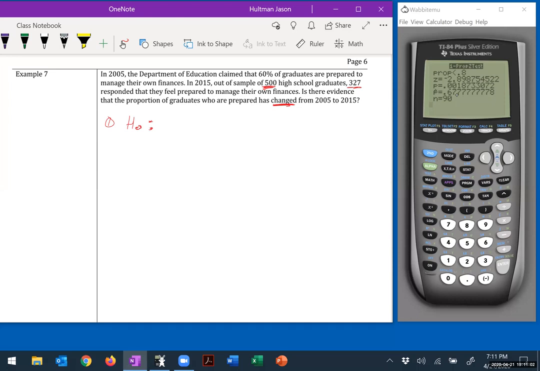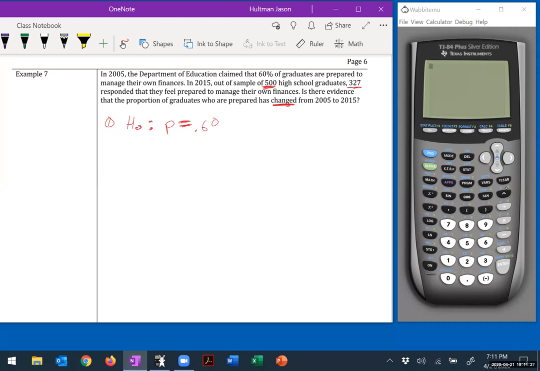So our parameter is P because it's a proportion. And what is it claiming? It's claiming that in 2005, the proportion was 60%, right? 0.60.